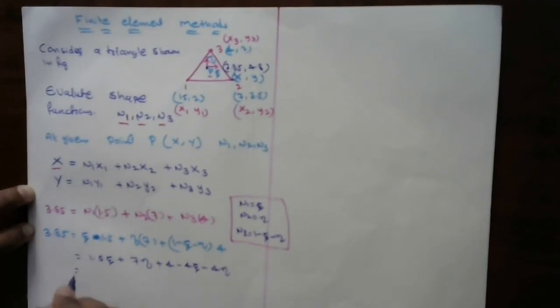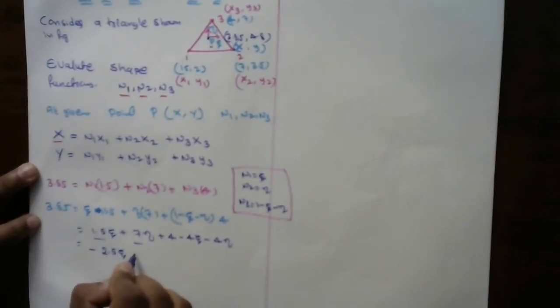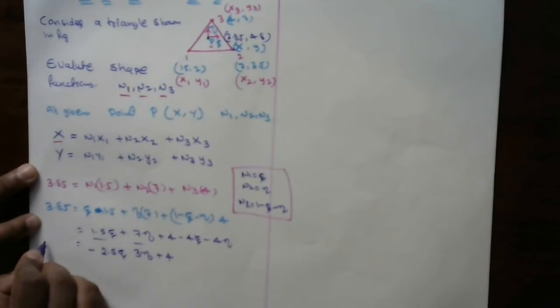And it is also simplified into zeta terms and eta terms. 1.5 zeta minus 4 zeta can be written as minus 2.5 times zeta. 7 eta minus 4 eta can be written as 3 times eta, plus 4, and that must be equal to 3.85.